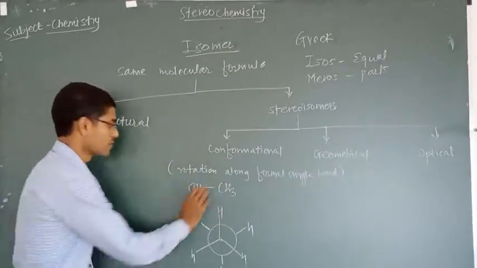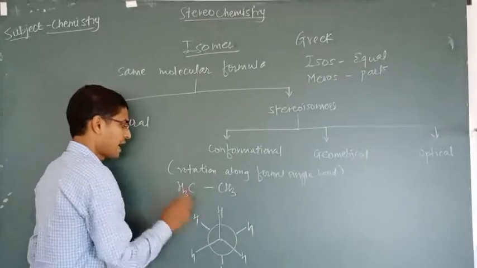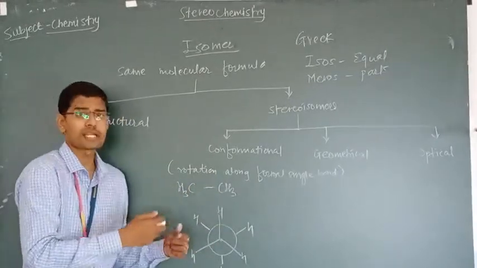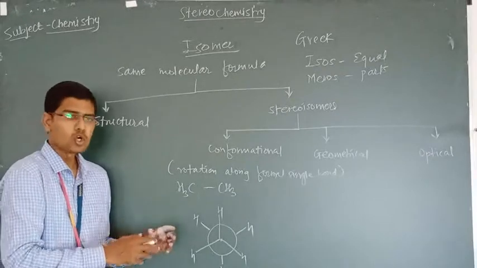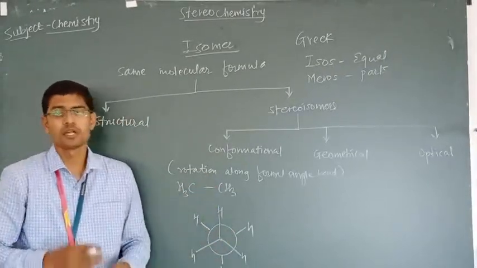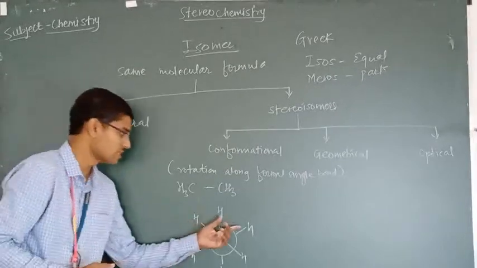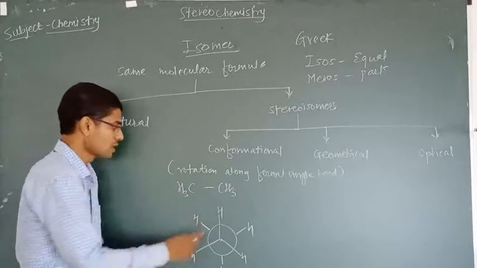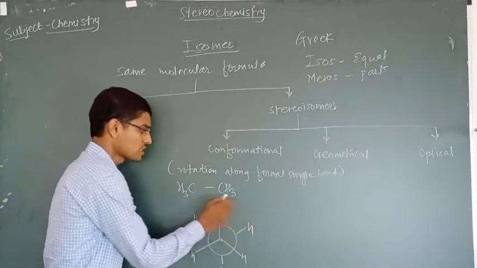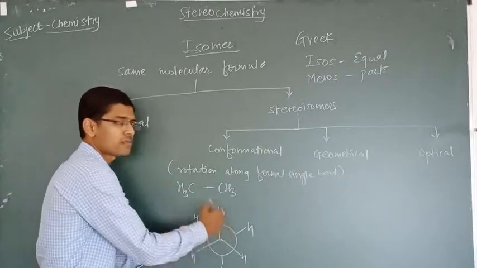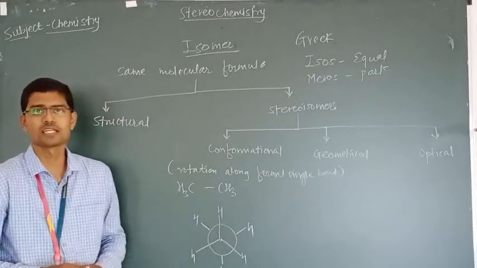Now there is a single bond between these 2 carbons, and along this single bond these 2 carbons can rotate at any temperature. Due to rotation of this carbon along this single bond, different orientations of the hydrogens attached to this carbon arise. The angle between these hydrogens changes every time the carbon-carbon bond rotates.